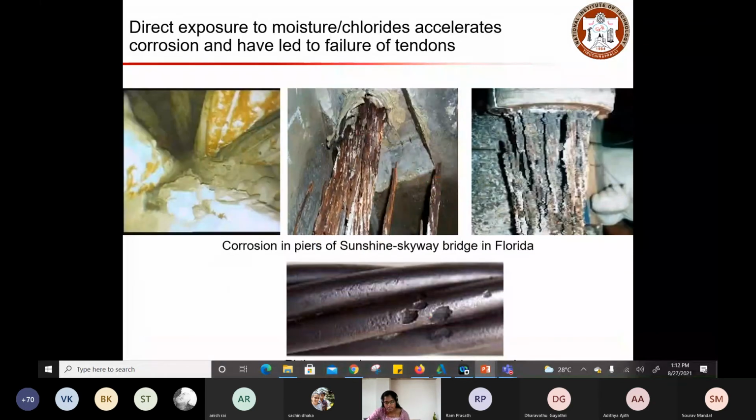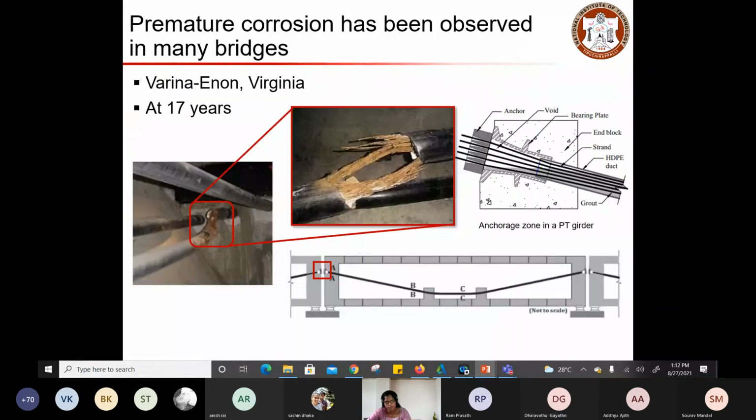Here is another example of such critical points from a real structure. This is from the piers of the Sunshine Skyway Bridge in Florida. This happened because of inadequate grouting practices, and your strand got corroded. This is another example of a bridge which got damaged and failed at 17 years.